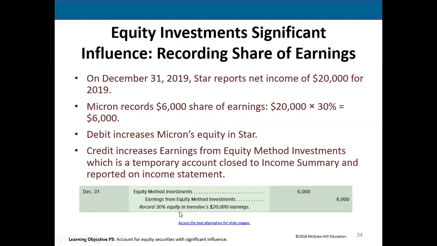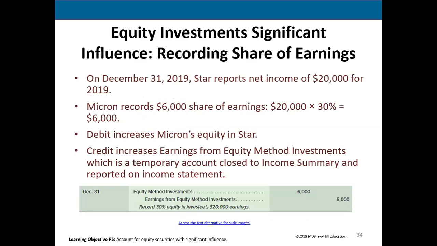Now here's where the difference really comes in. Because Micron has so much influence over STAR's operations, the FASB feels that Micron should report, or their investment account should mirror, STAR's equity account.